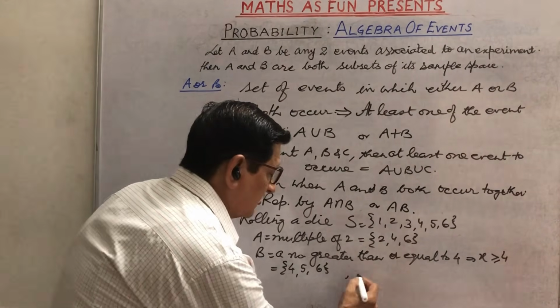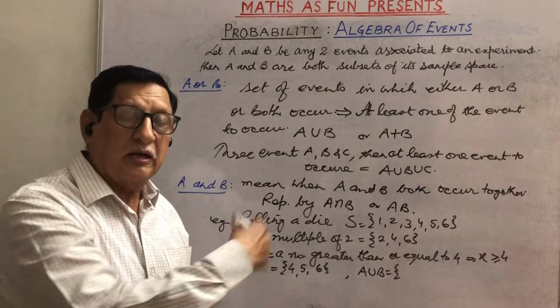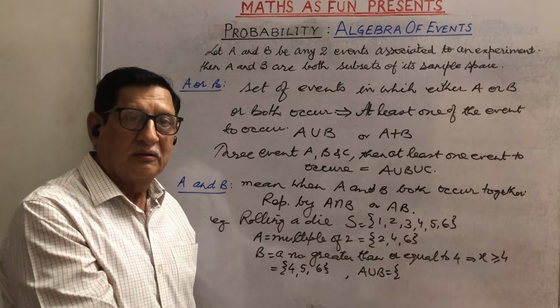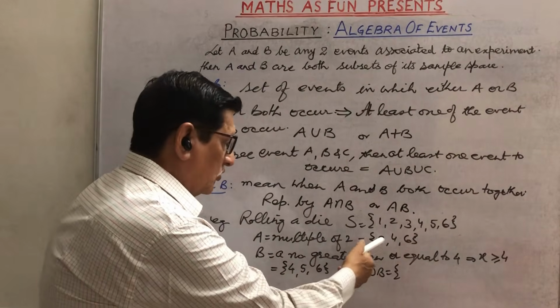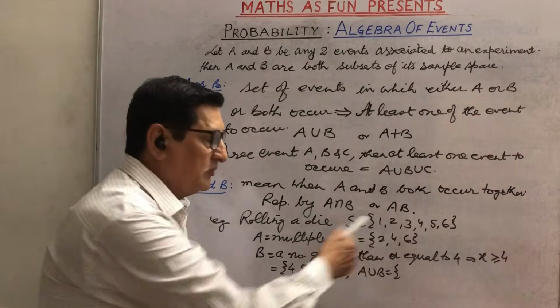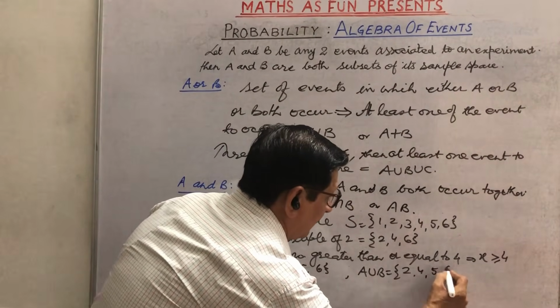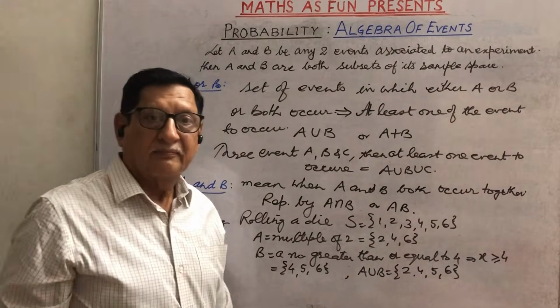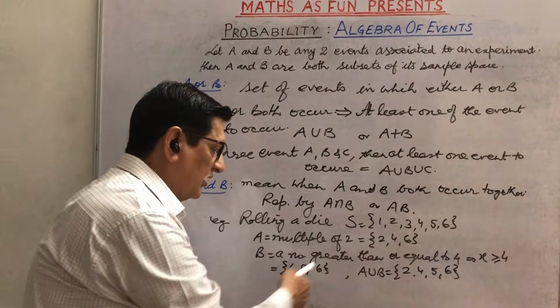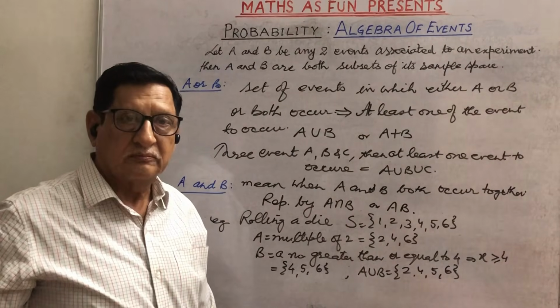Now suppose we want to find A union B, either A or B. We know that will be 2, 4, 6, 4, 5, 6. Here we find 4 and 6 are common in both. So it will be 2, 4, 5 and 6. At least one of the events happens, or either A or B or both happen.